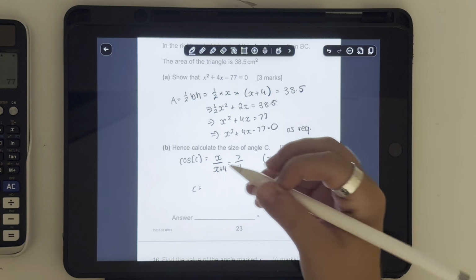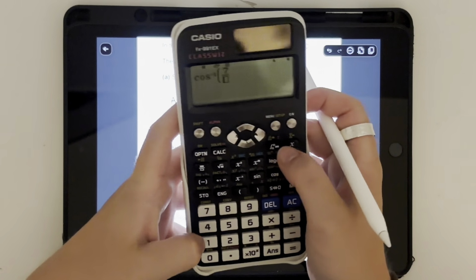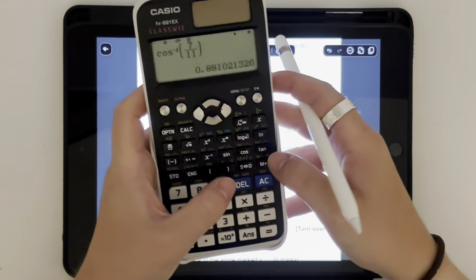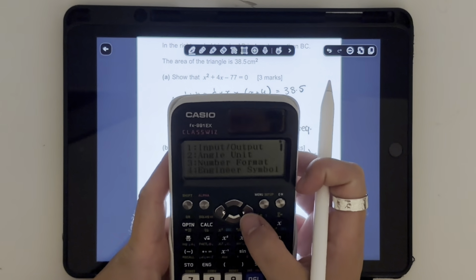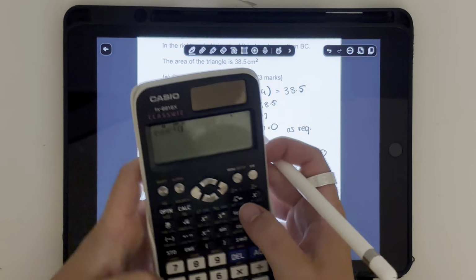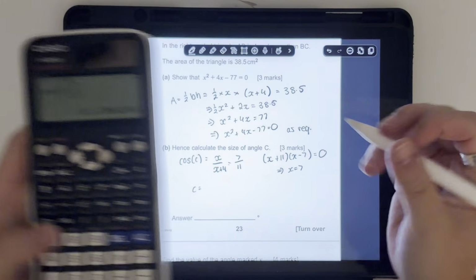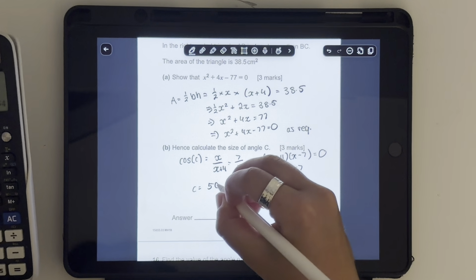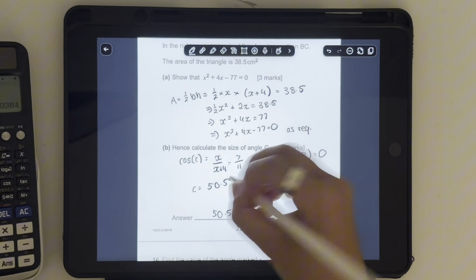So C equals the inverse cos of 7 over 11. And my calculator is in radians and not degrees. One second, guys. 7 over 11, 50.5 degrees. There we are.